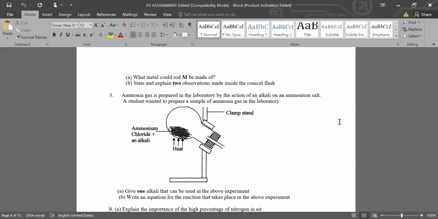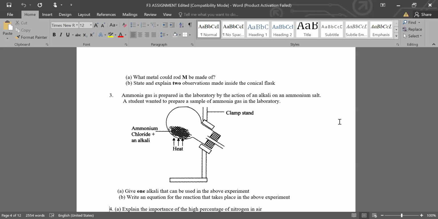We move now to question number 3. Ammonia gas is prepared in the laboratory by the action of an alkali and an ammonium salt. A student wanted to prepare a sample of ammonia gas in the laboratory.